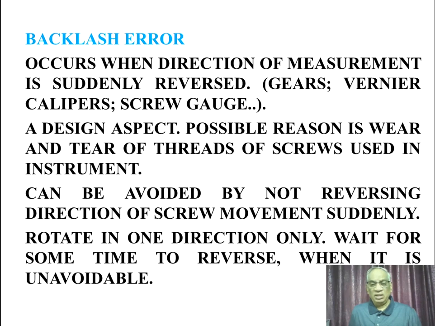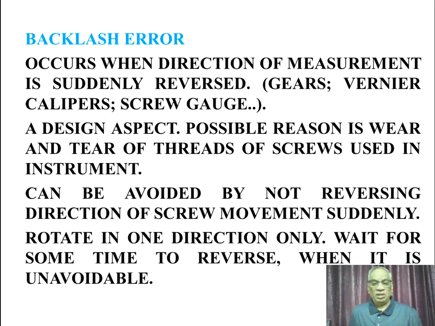The surfaces get damaged, and the threads of the screw in the screw gauge get spoiled. So if you are turning in one direction, no problem, they will be in contact, but when you want to turn back, there is a gap between the screws, or a backlash. Because of that, the reading is affected.